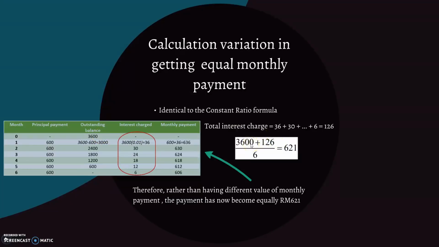You will get the installment price over the number of times that the payment needs to be made, which is 6. That will give you 621. So rather than having to pay different values across the 6 months, now you can just pay 621 ringgit monthly. So now instead of unequal payment, it has now become equal payment.